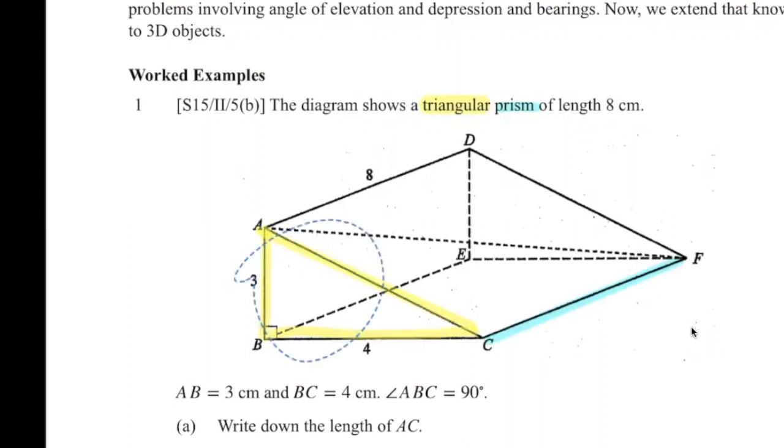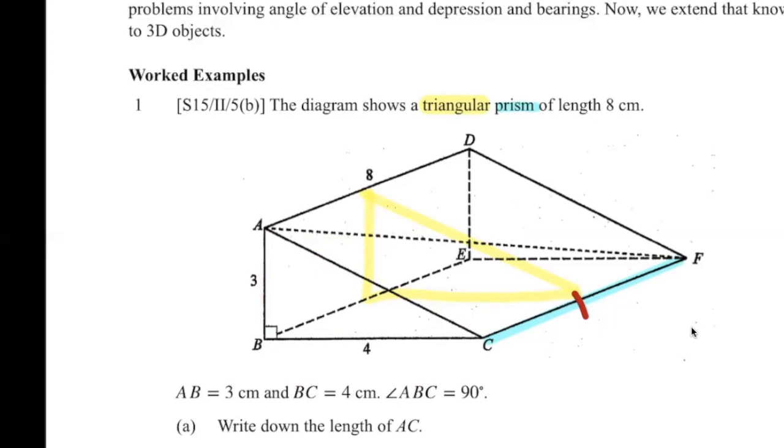So for example, if I choose to chop this object at this red line here, you will end up with the exact same triangle as the cross section. Okay, so this is just a recap of what a prism is.